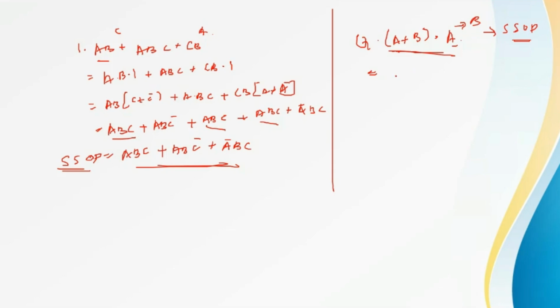So what do we have to do? A dot 1. Okay, A dot 1, and 1 we can write as B plus B bar.